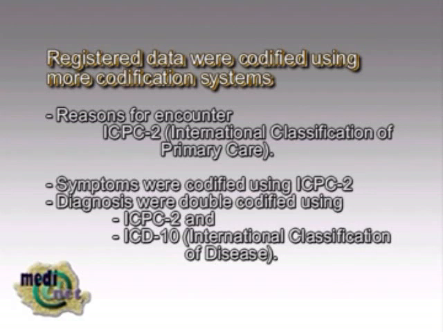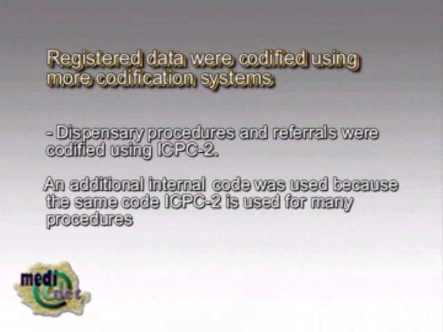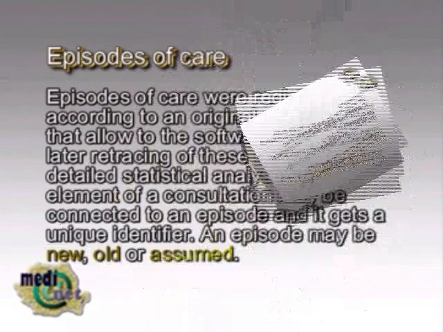This double codification was performed directly by the GP at the moment of recording the diagnosis, starting from the ICPC-2 code, then choosing the appropriate ICD-10 code. The dispensary procedures and referrals were codified using ICPC-2. An additional internal code was used because the same code, ICPC-2, is used for many procedures.